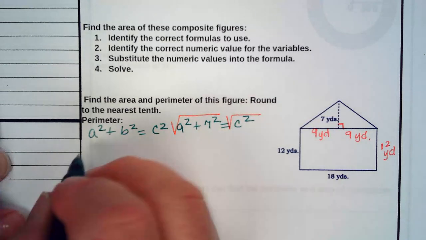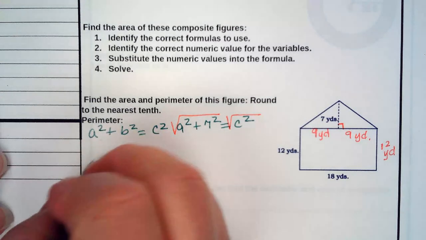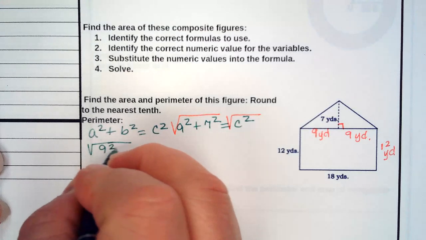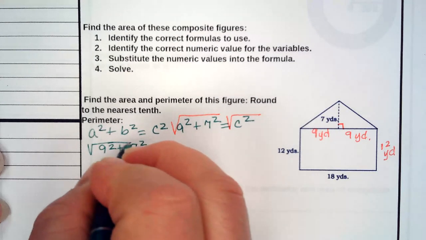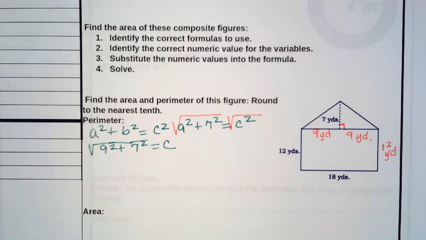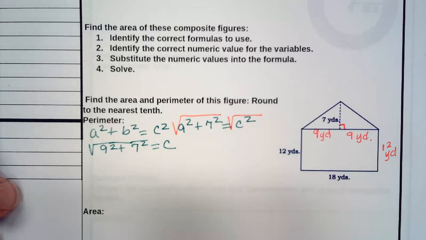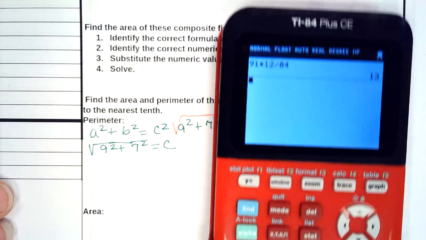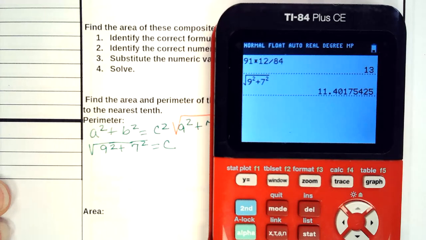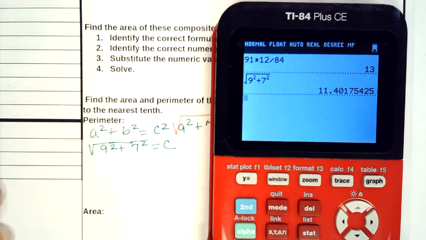So, the square root of 9 squared plus 7 squared is equal to c. We're going to do it all at once so we don't make an error when we're trying to get things inputted. 9 squared plus 7 squared gives me 11.4. We'll round to the nearest tenth.